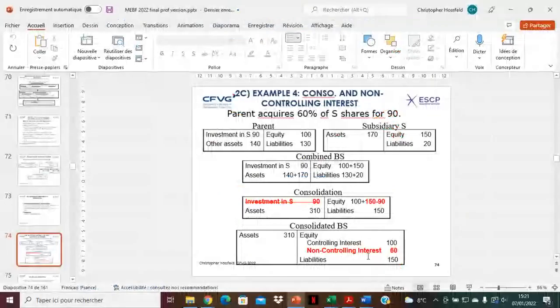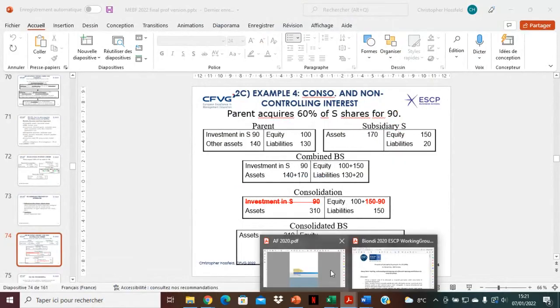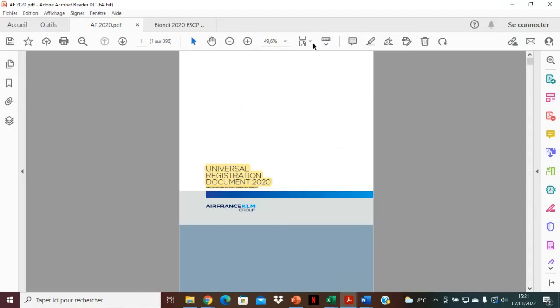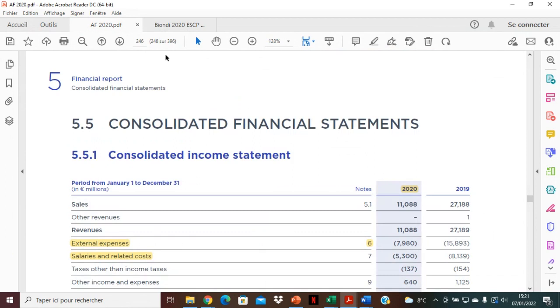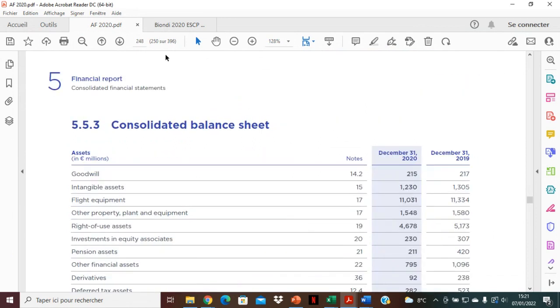Not really. Well, let's have a look at the balance sheet of Air France. Here we are. On page 246, we have the financial statements.